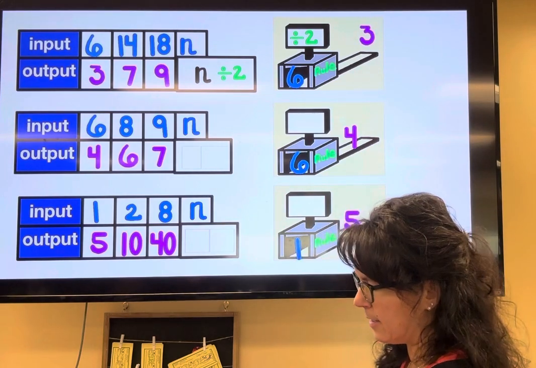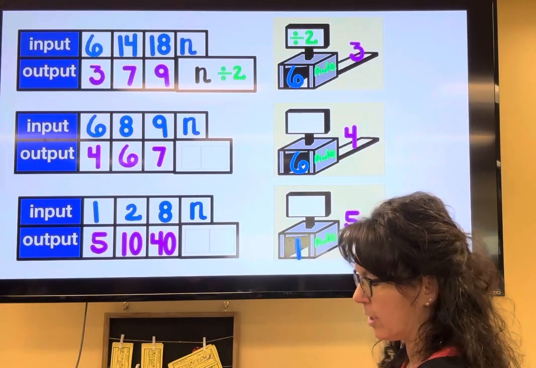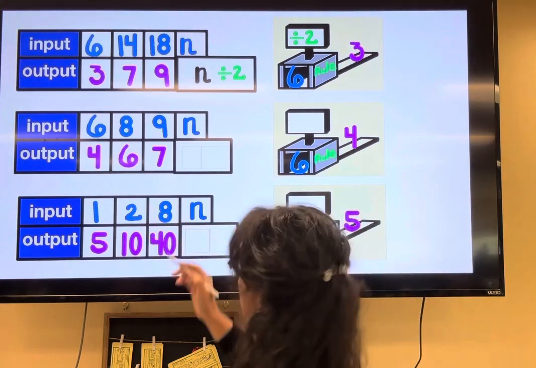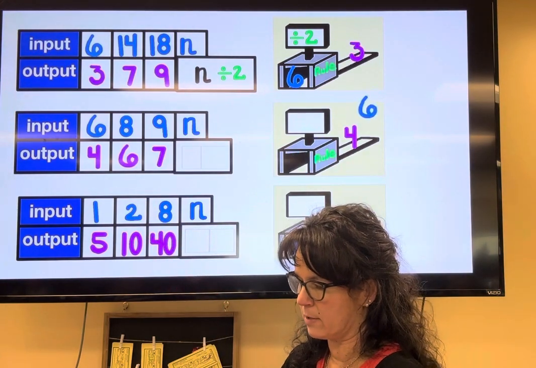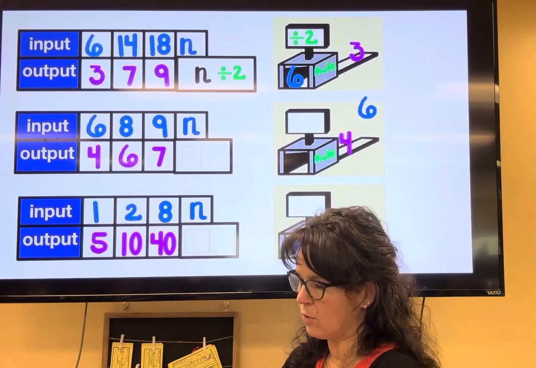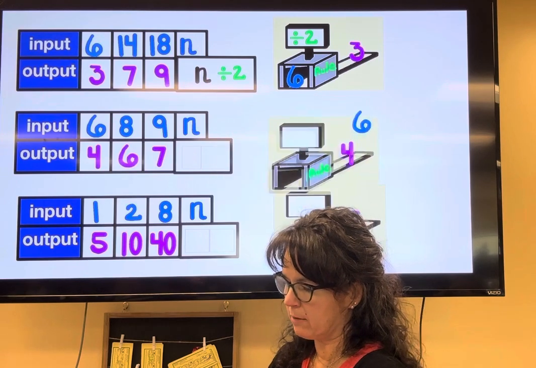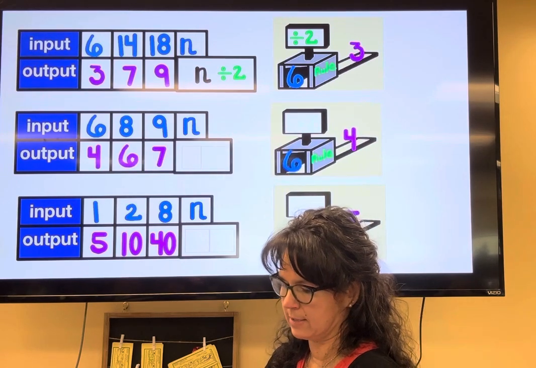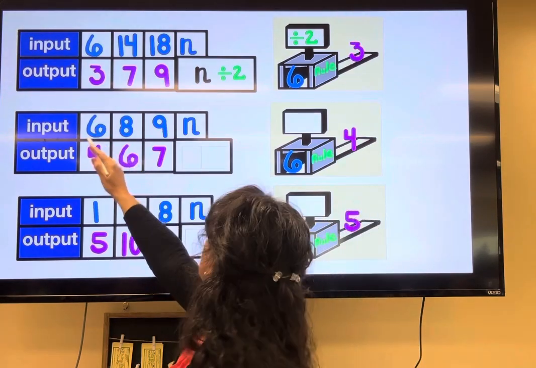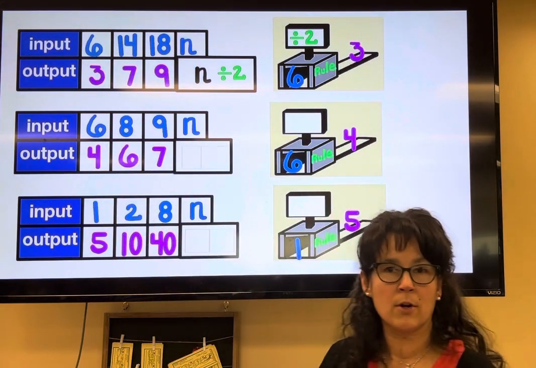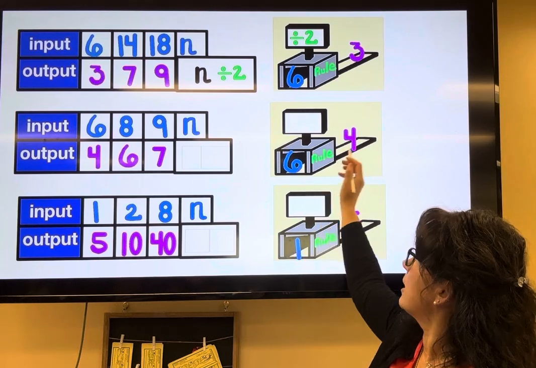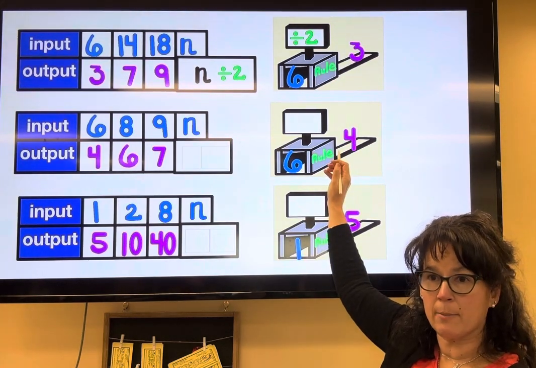Okay, so then this next one, looking again at the input-output, we're putting in the number 6, and we're getting out the number 4. So we're thinking, what did that machine do to the number?